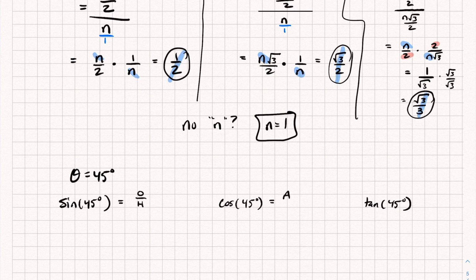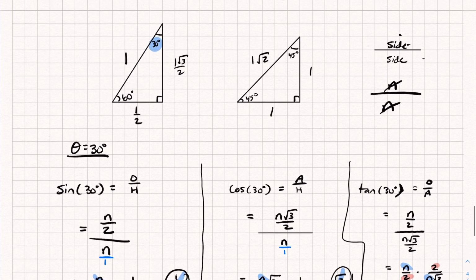Tangent is opposite over adjacent. So for sine, because I'm finding sine of 45, that means I'm going to look at my 45, 45, 90 triangle. And because there are two 45 degrees, it doesn't matter which one I pick, but I need to pick one of them. So I'm going to pick the one in the lower left.